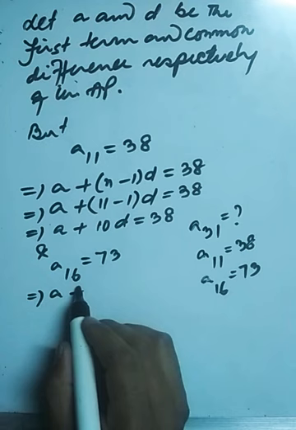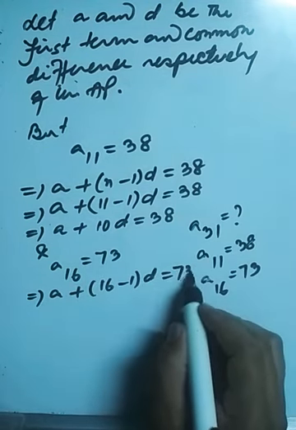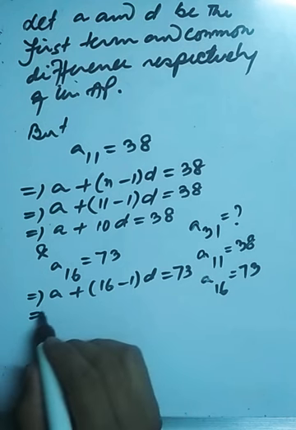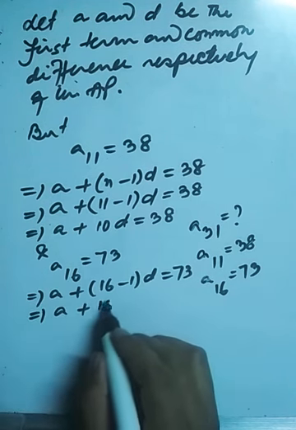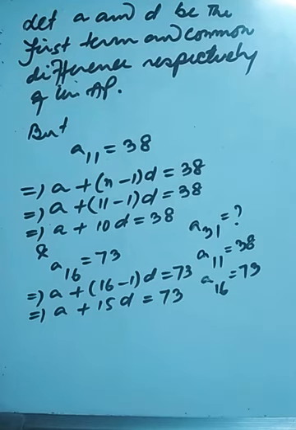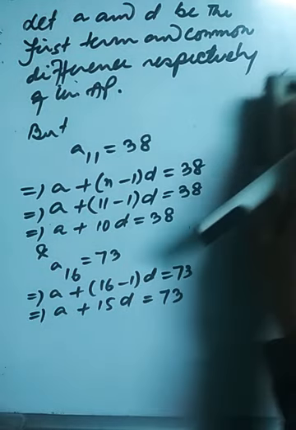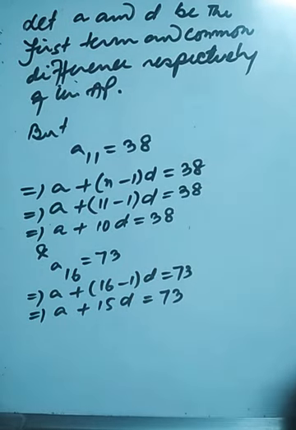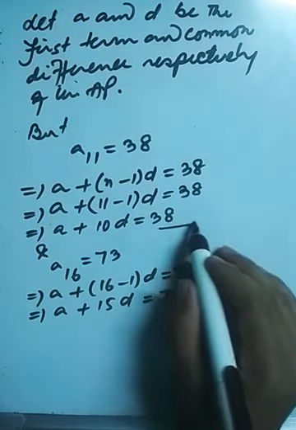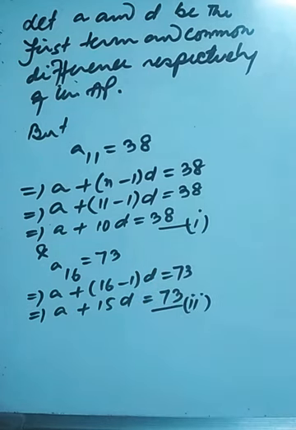So a plus (16 minus 1) whole d equal to 73. So it will be a plus 15d equal to how much? 73. So let me just rub this. Here I'll give equation 1 and here I'll give equation 2.